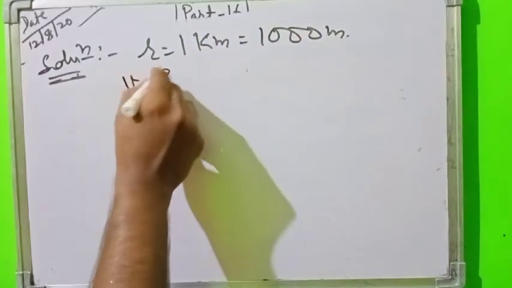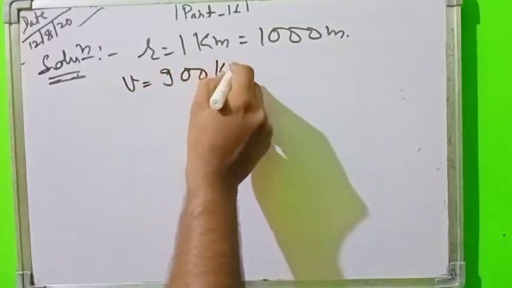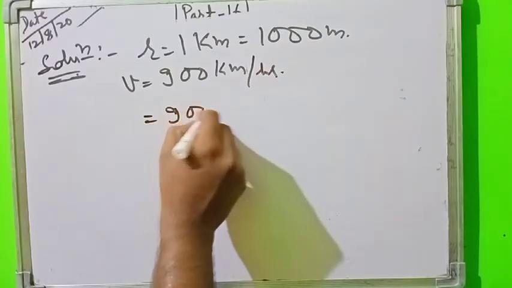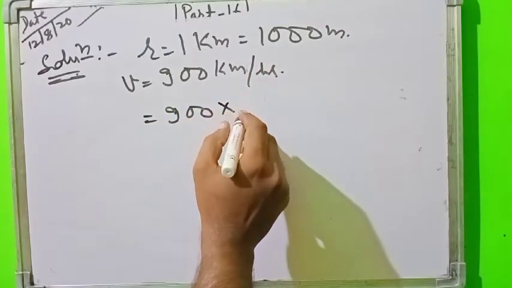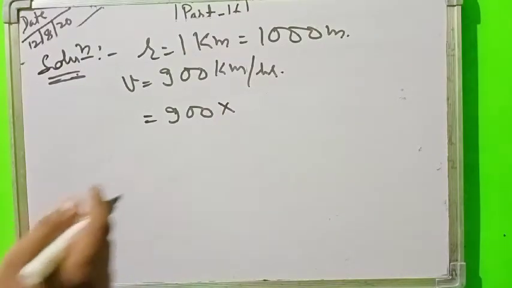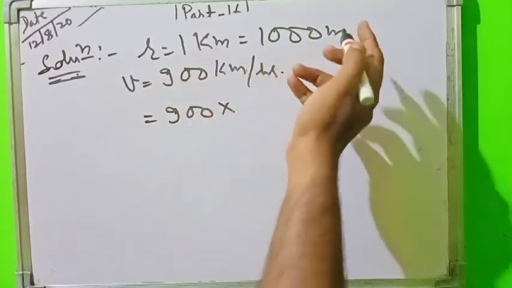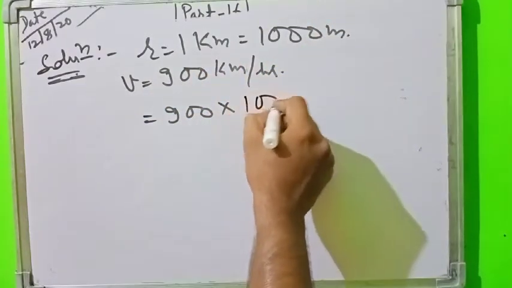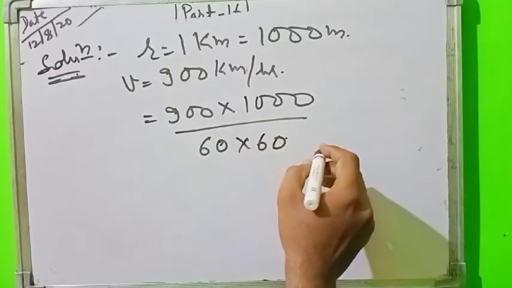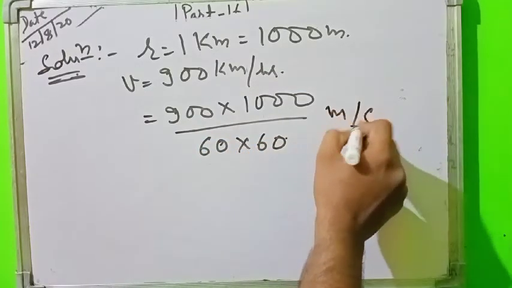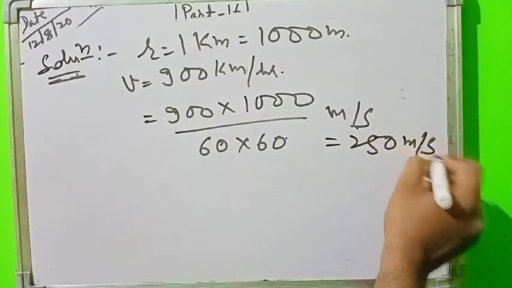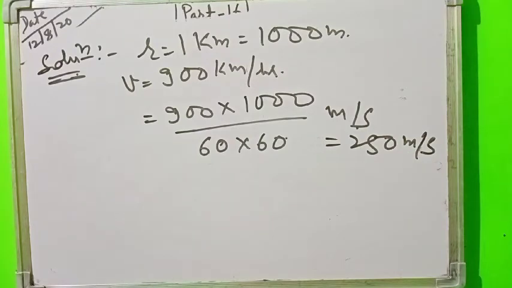V is equal to 900 kilometer per hour, which is equal to 900 into 1000 upon 60 into 60 meter per second, and it is equal to 250 meter per second. You can calculate it directly also, student.